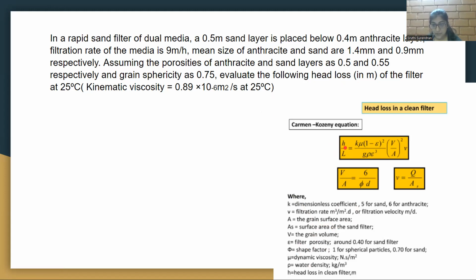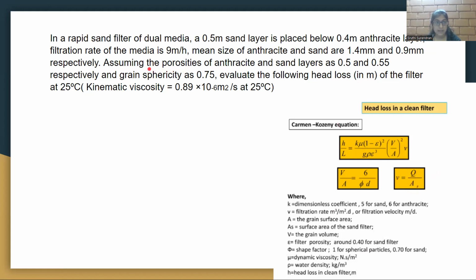You're supposed to find H over here. So L, you will have to take it here. Since small v is the filtration rate. In case filtration rate is not given, you can find it out using the surface area. If the surface area of the sand filter is given, you can find it out by dividing the discharge by the surface area.